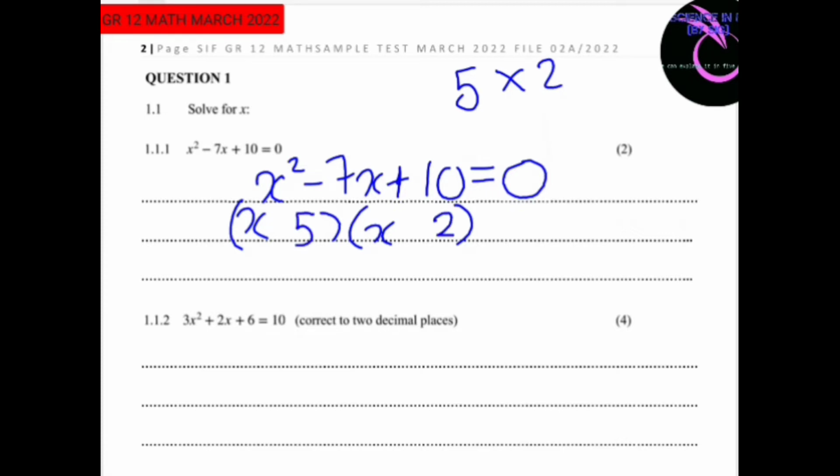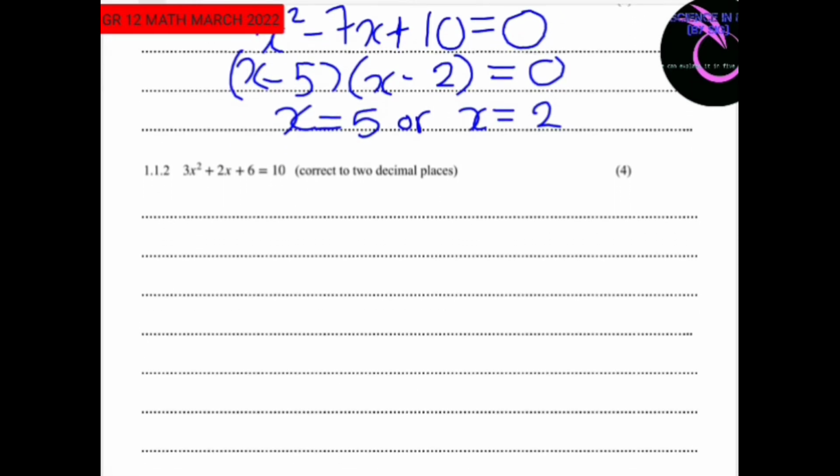Place the 5, place the 2. The last term is a positive. You can only get a positive product when you multiply a positive and a positive, or a negative and a negative. But since the middle term is negative, it means here I must have a negative as well. So now x is equal to 5, or x is equal to 2.